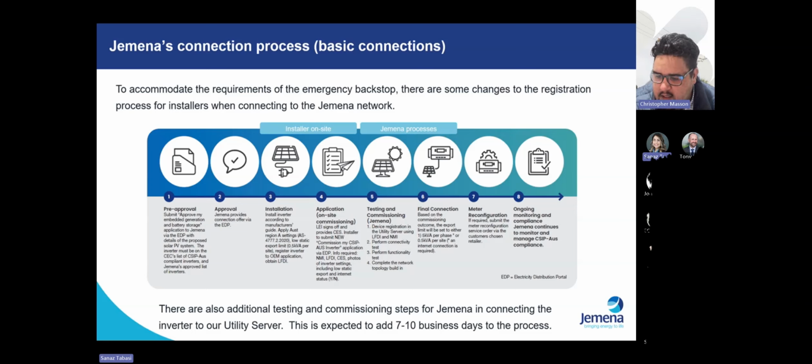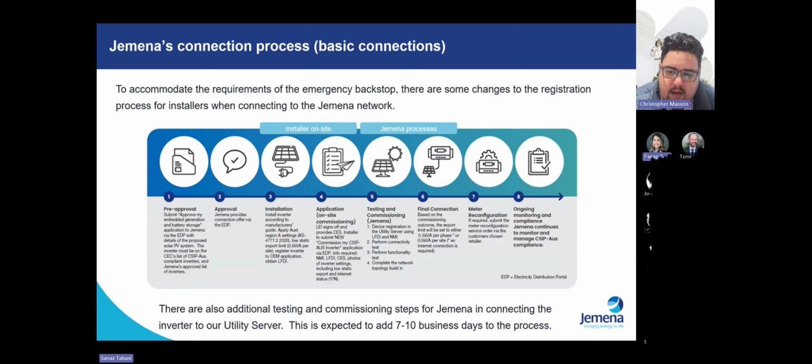Most importantly, the low static export limit, Australia A settings, and then obtaining the LFDI, long form device identification. That will be provided to you from the OEM app in most instances, or via email from the OEM or the manufacturer, sorry.